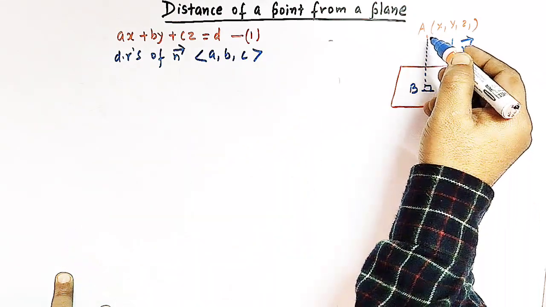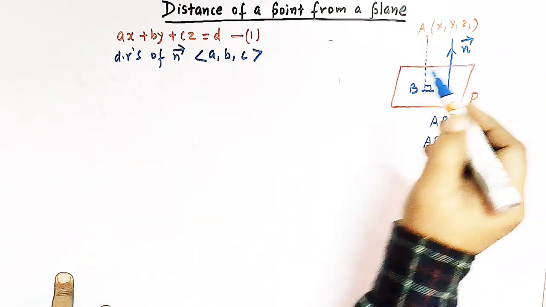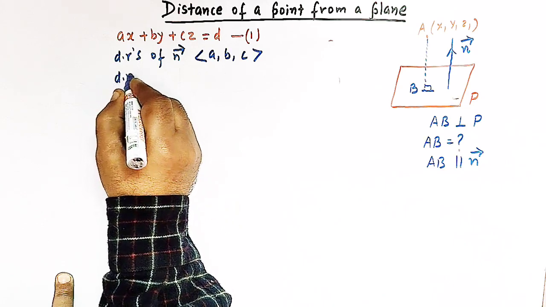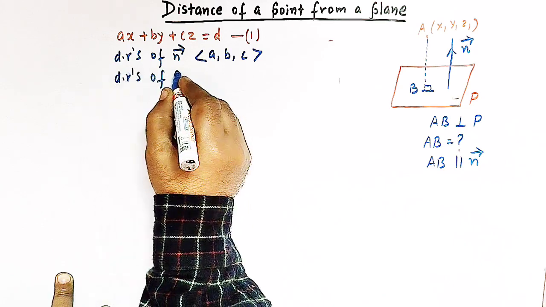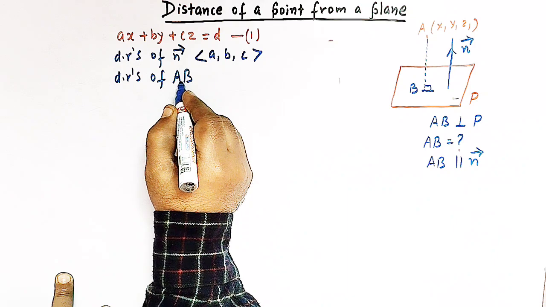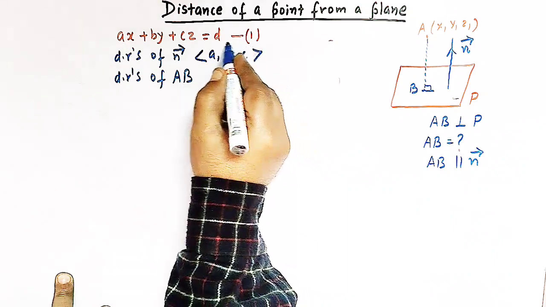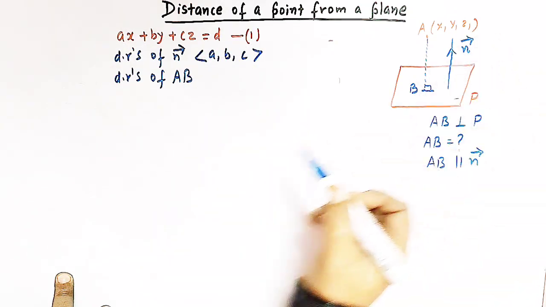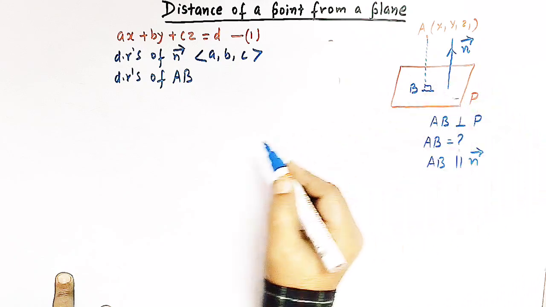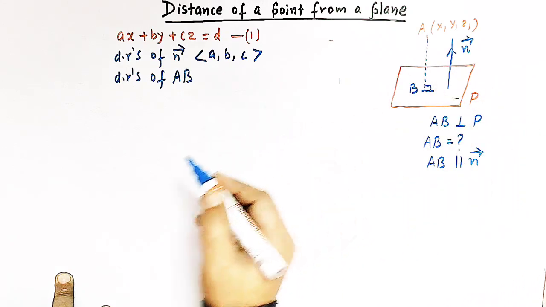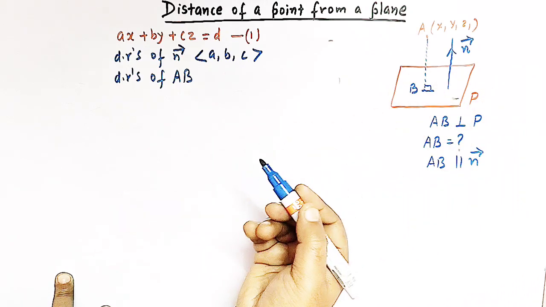And when AB is parallel to the normal vector, then the direction ratios of this perpendicular AB are proportional to the direction ratios of the normal vector, because whenever two vectors are parallel, their direction ratios must be proportional.